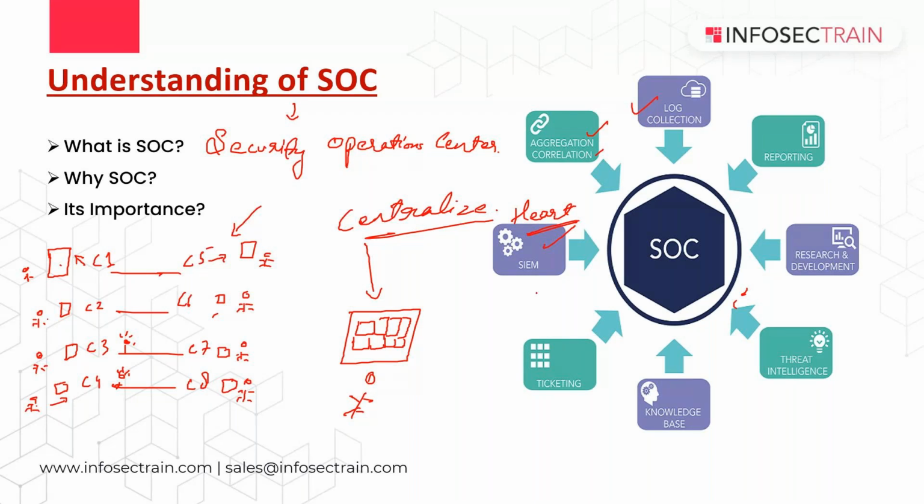Ticketing systems are there, so when any malicious activity happens, you raise a ticket and pass it to your seniors. For example, there are L1, L2, L3 posts, where L3 is the incident responder, you can say. Different organizations have different approaches.